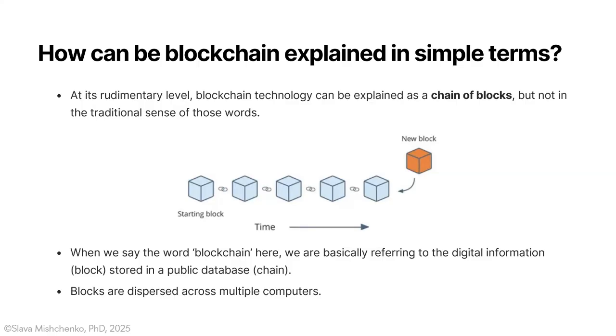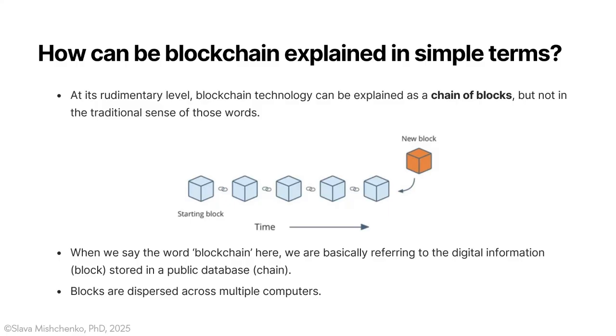When we talk about blockchain, it's about something quite specific. What you see on the screen is a visual representation of how blockchain works over time. You can notice how each blue block is connected to the next one, forming a continuous chain.